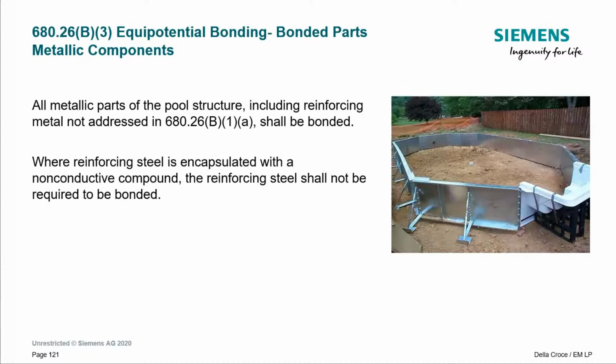It sounds like rebar, but it makes it clear here that it's including reinforcing steel not addressed in 680.26(B)(1)(a), which this would not be any of that. Then it goes on to say where reinforcing steel is encapsulated. So why would it be making any reference to it if we think that's rebar?